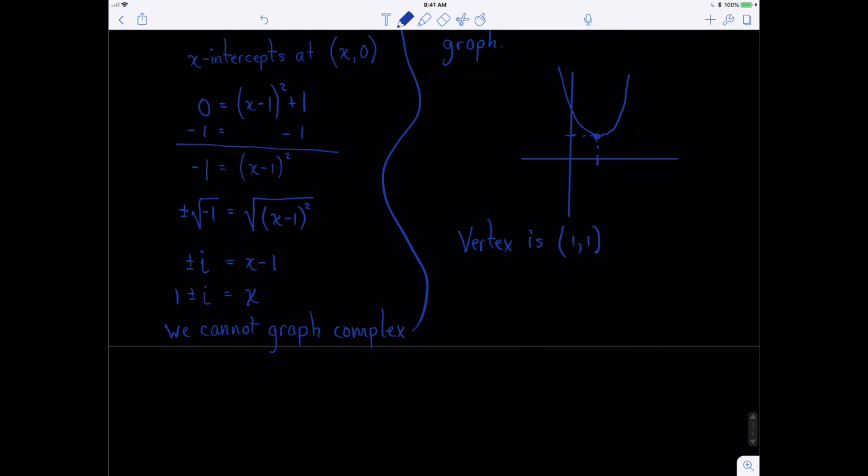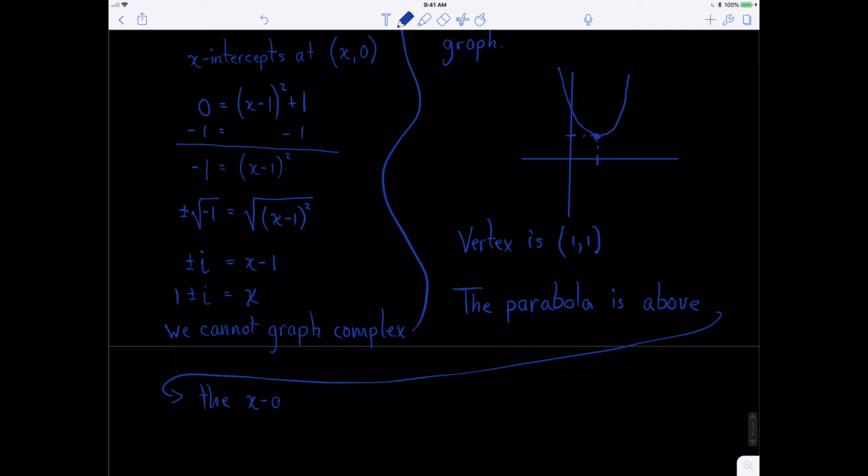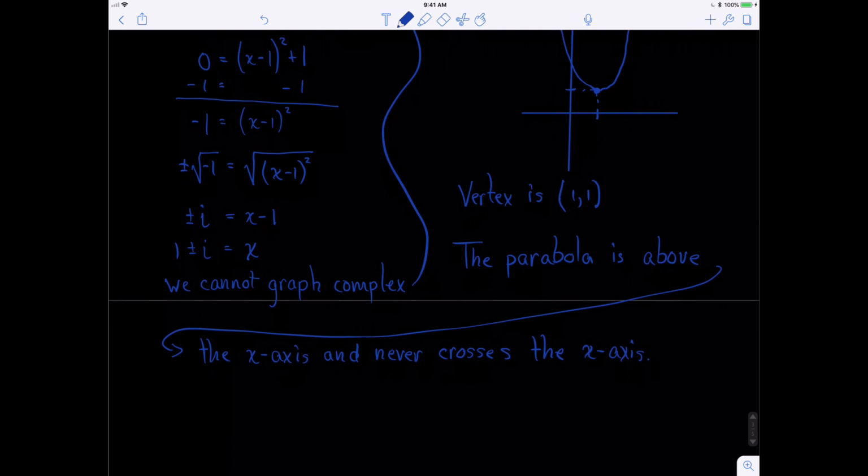We'll just write this: the parabola is above the x-axis and never crosses the x-axis. Wow, so that's what happens there.